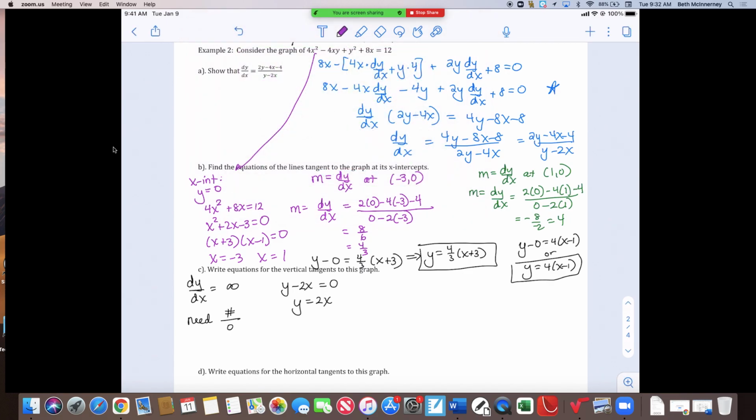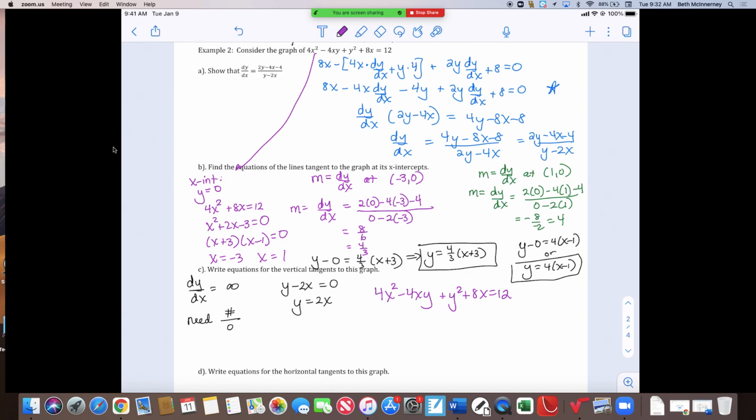We can actually go back to the original equation, because a vertical tangent line is of the form x equals a number. Think about a vertical line. We're going all the way back to Algebra 1: if I have x equals a number, that's a vertical line description.